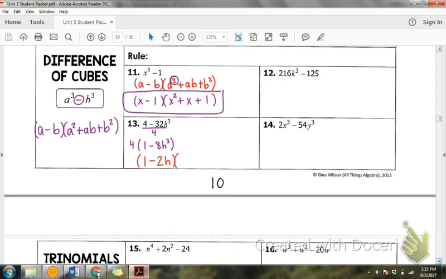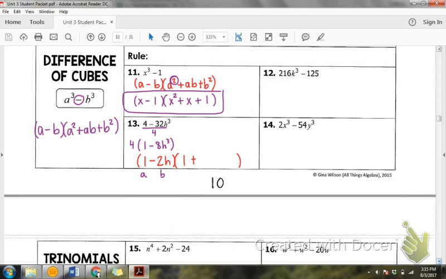Okay, so then it says take your a value and square it. Remember, this is my a, this is my b. So my a value squared is what? 1. And then my formula says plus a times b.